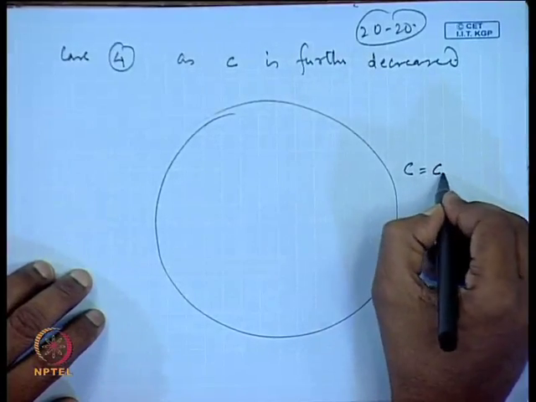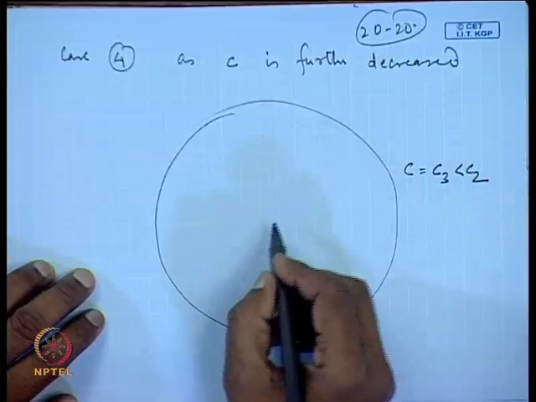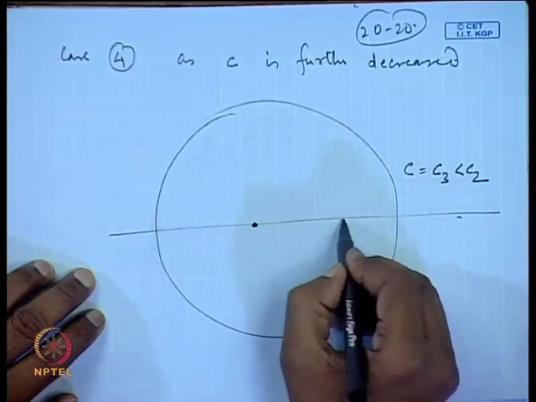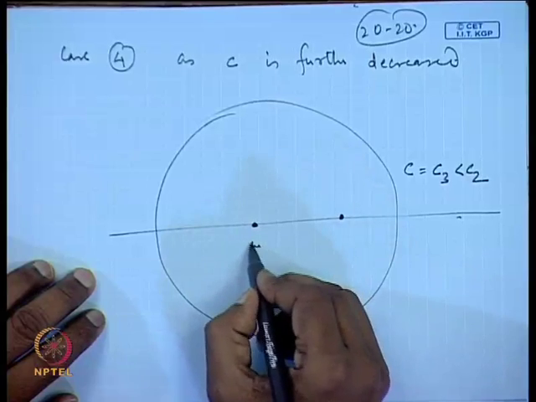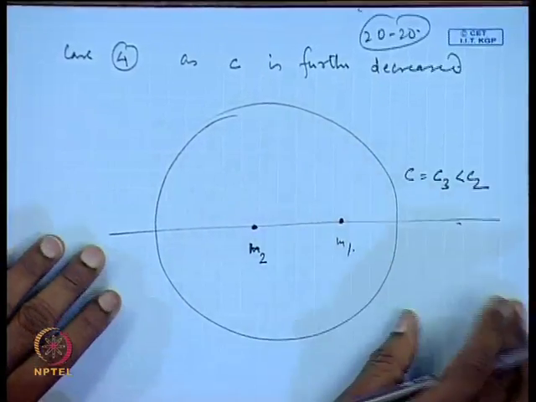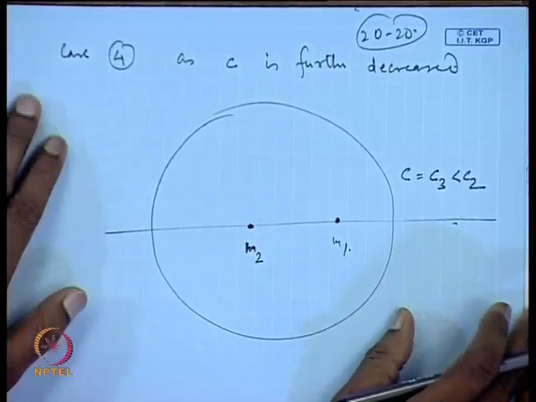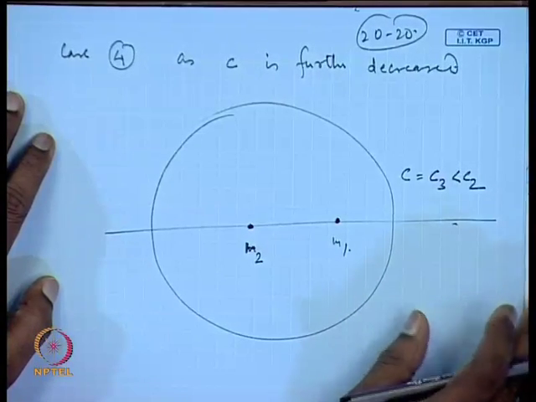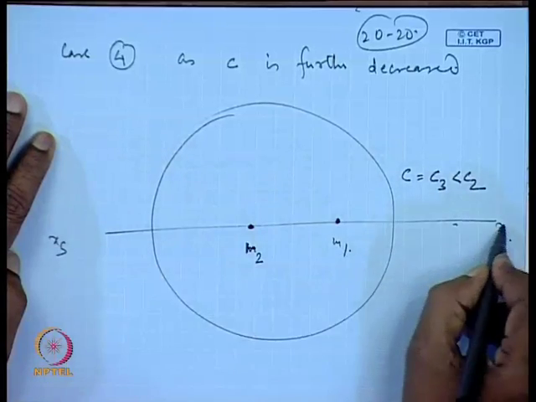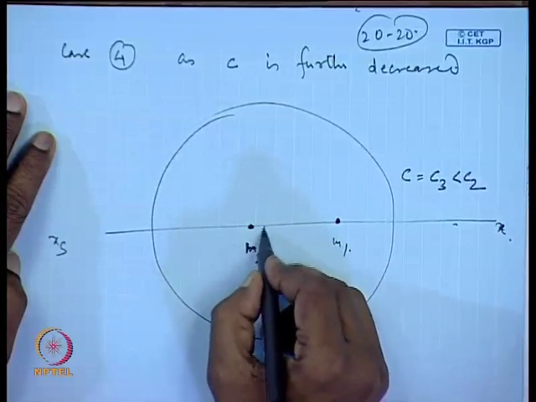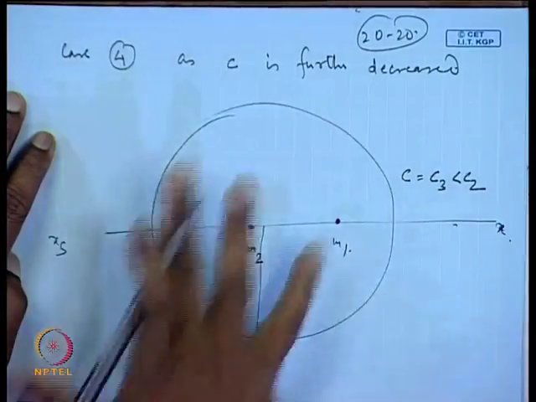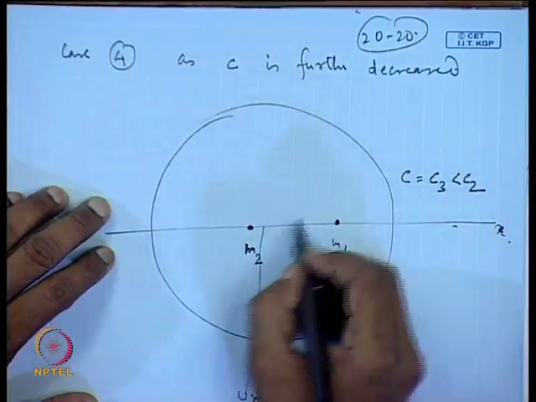So, here c equal to c 3, which is less than c 2, and inside then your two curves. Now, remember that we are getting this by putting z equal to 0. Okay. The zero velocity surface cuts the x y plane. So, this is the x axis we have plotted here, and y axis we plotted downward here. So, this whole thing we are showing in the x y plane.